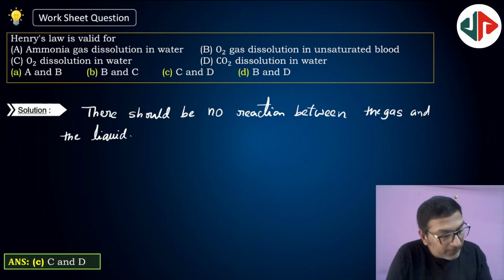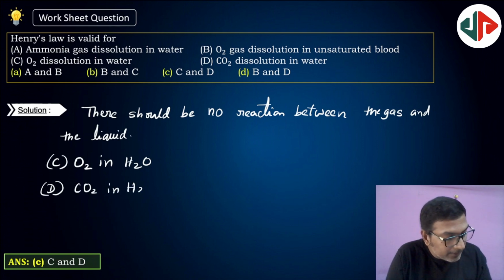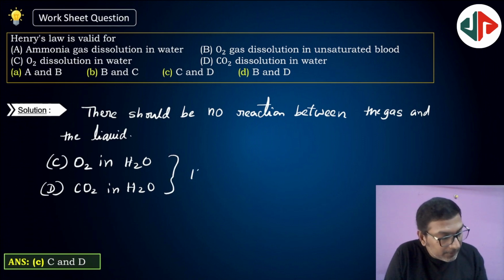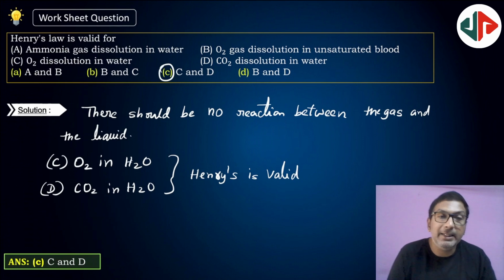Therefore, O2 in H2O, which is C, and CO2 in H2O, Henry's law is valid. Therefore, options C and D.